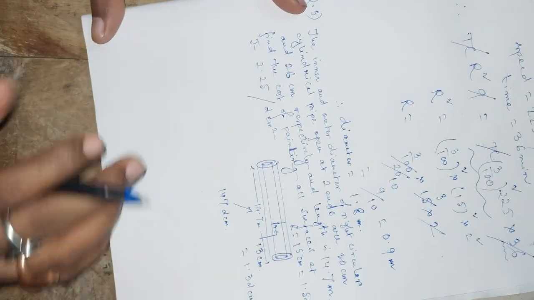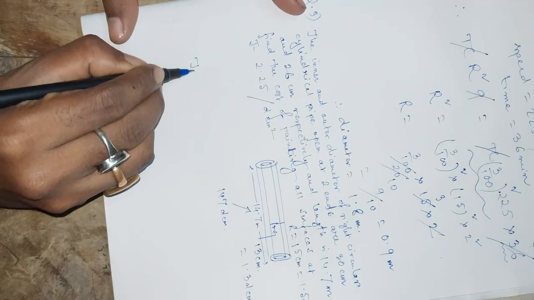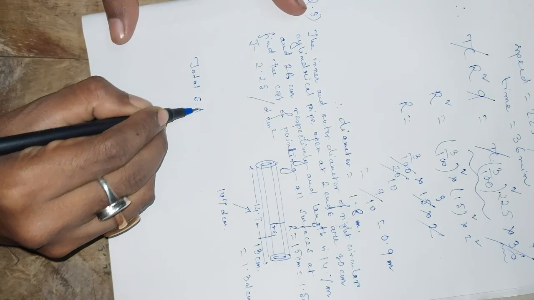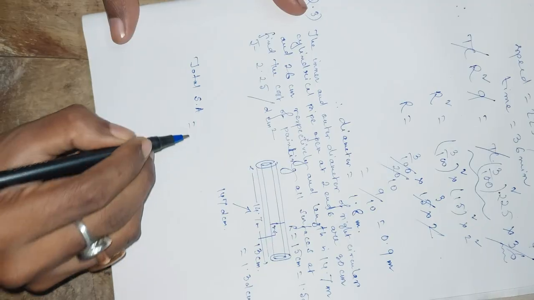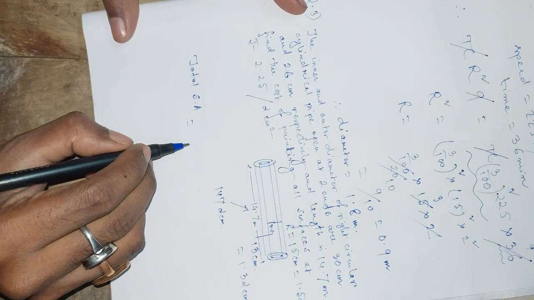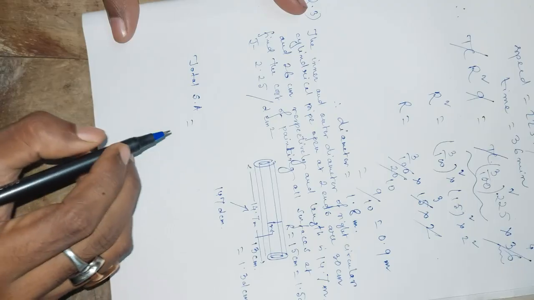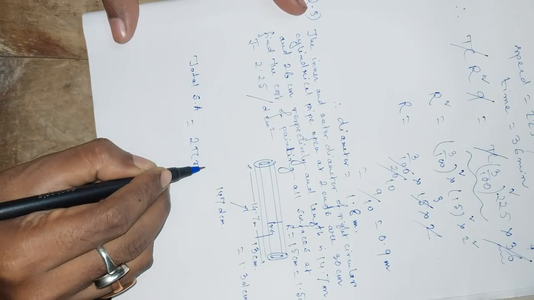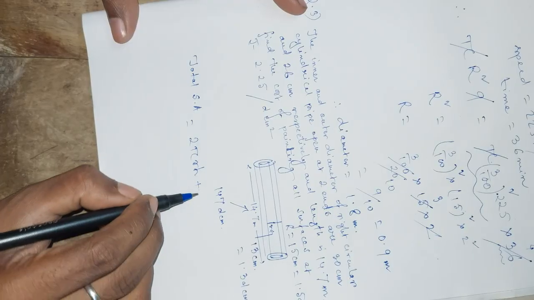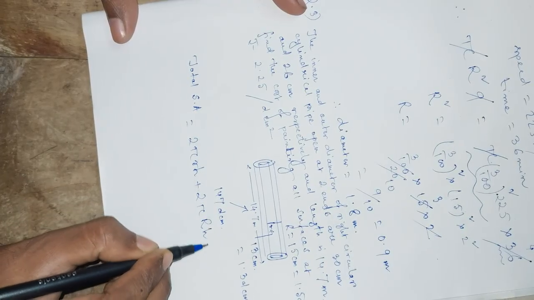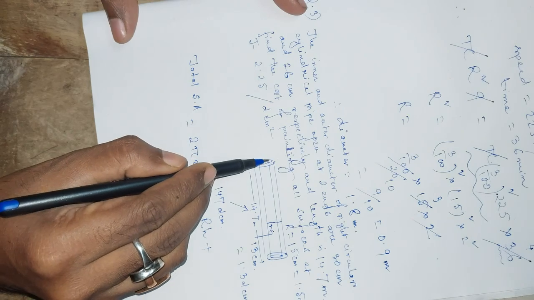Therefore, total surface area is equal to, we know, inner curved surface area, that means 2 pi small r h, outer curved surface area, that is 2 pi capital R h, plus this region.